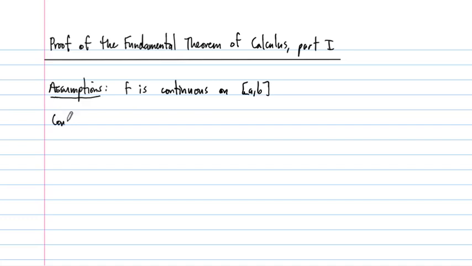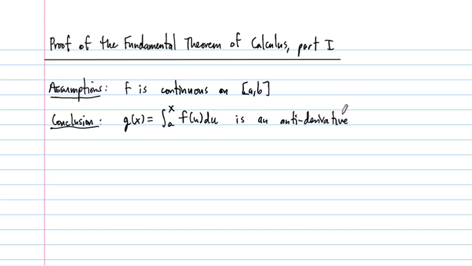All right, and then the conclusion of the fundamental theorem is that this function, if we call this g of x, the integral from a to x of f of u du, that this is an antiderivative of little f.